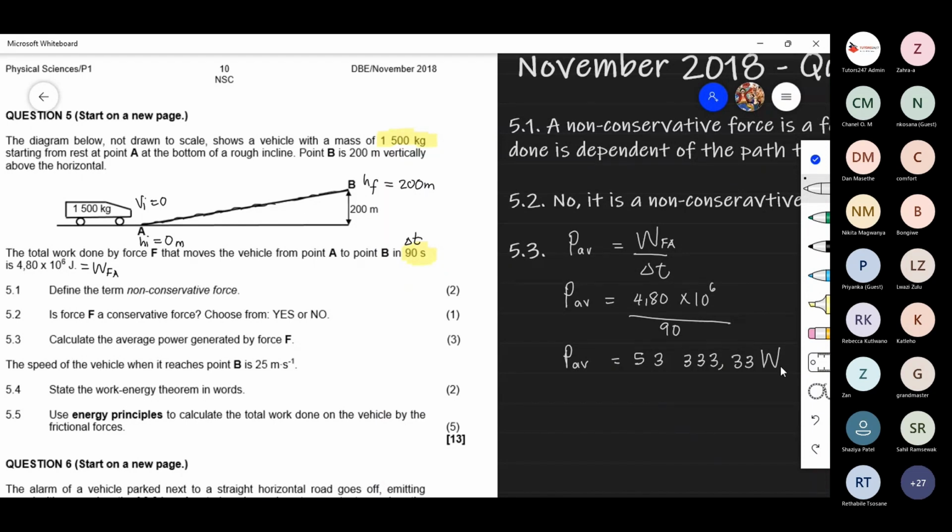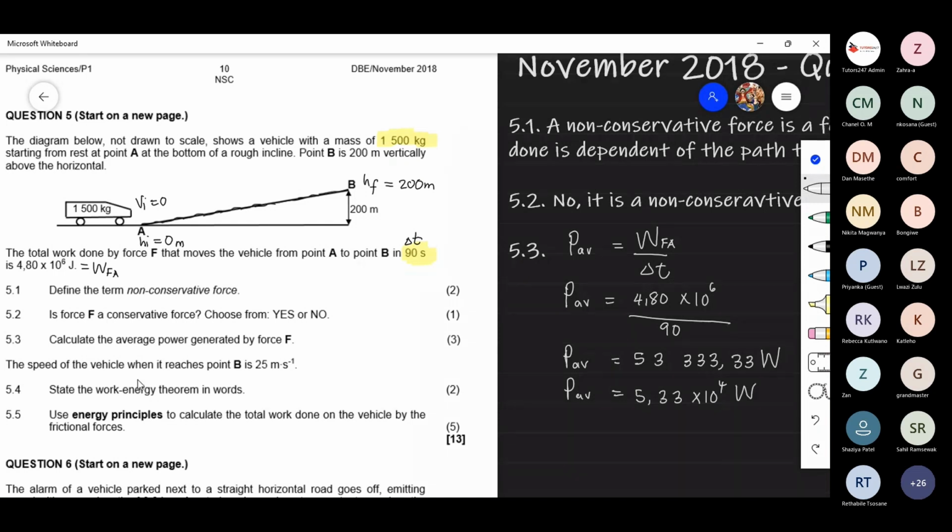That W stands for watts. W-A-T-T-S. Watts is the unit of measurement of power. The same way joules are the unit of measurement of work, watts are the unit of measurement of power. Okay. If you were to write this in scientific notation, this would then just be 5.33 times 10 to the power 4 watts.